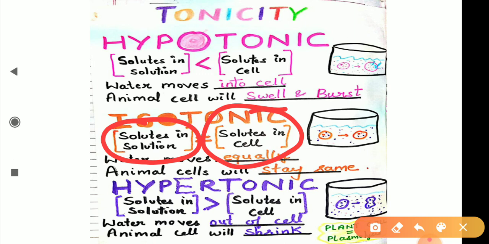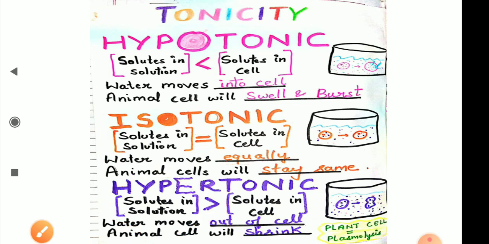Fine. In the case of hypertonic, the solutes in the solution are more compared to that of the solutes in the cell. So this is the condition of hypertonic. Hope I am clear with this.